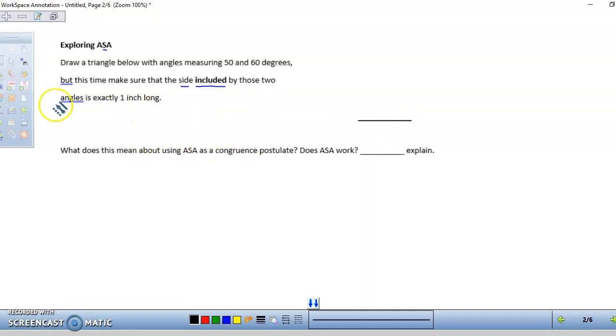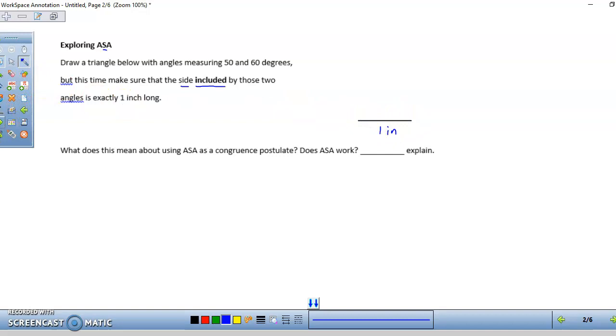Now you could measure this. We're going to just use a scale so that we're assuming this is 1 inch. Then we're going to construct a 50-degree angle on one end and a 60-degree angle on the other end so that this side is attached to both angles, or is included between the two angles.